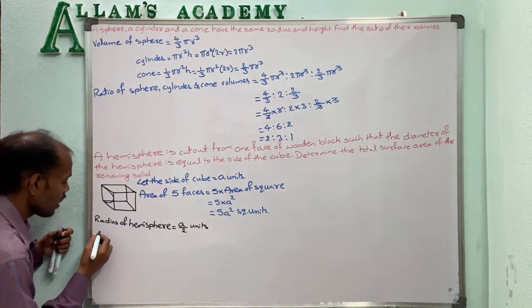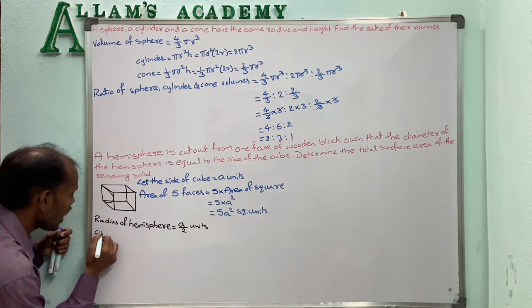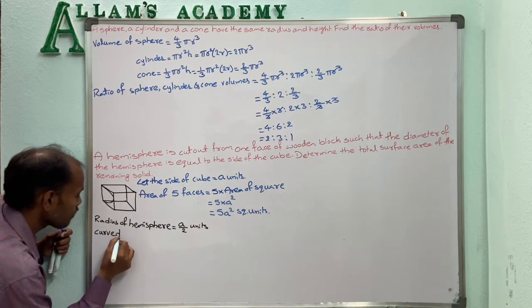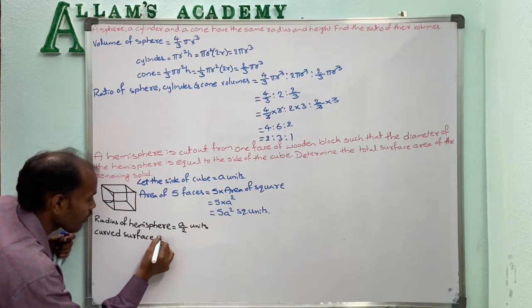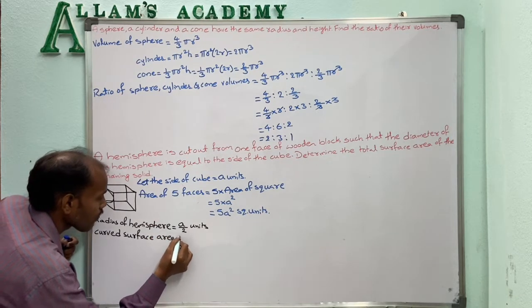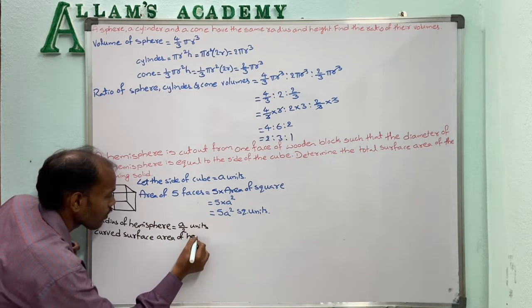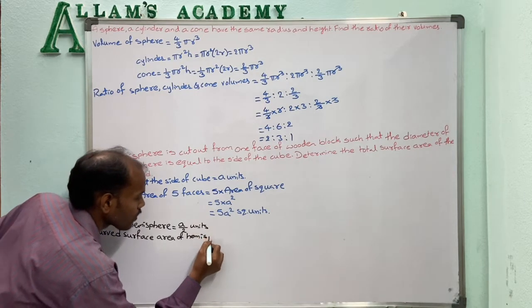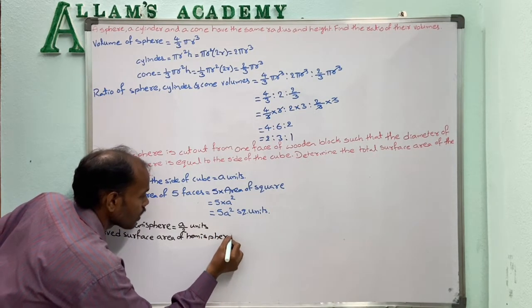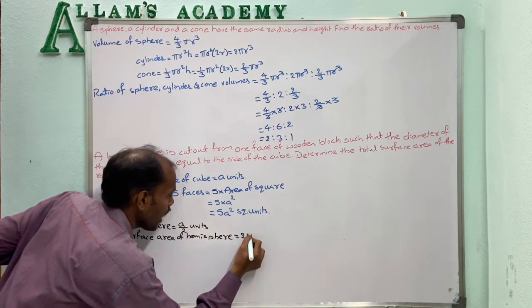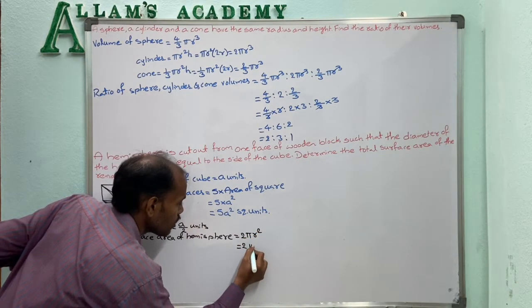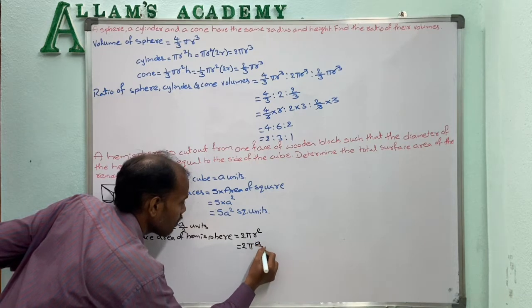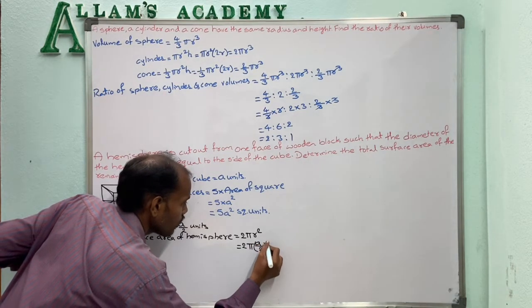Now curved surface area of hemisphere is 2 pi r square, that equals 2 into pi into r equal to a by 2, so a by 2 whole square.